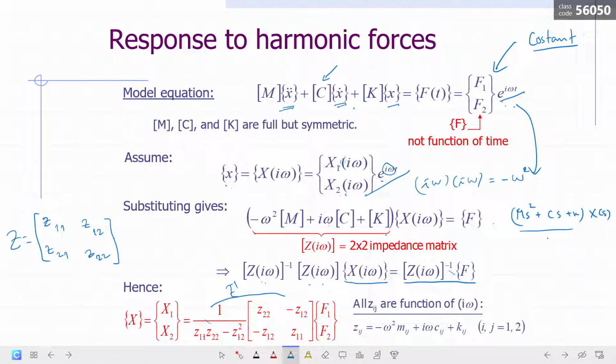So in here, if you call it Z of s, you can call it that way. And after that, you just substitute s by i omega for harmonic response. That's it.